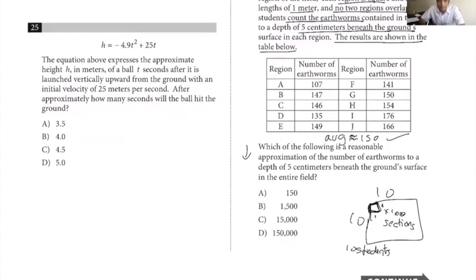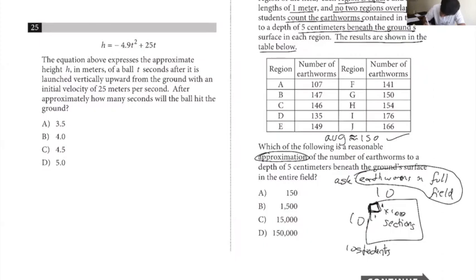Right. It says, which of the following is a reasonable approximation of the number of earthworms to a depth of 5 centimeters beneath the ground's surface. So essentially what I took from that is it wants a guess of the total number of earthworms in the entire field. So the ask is earthworms in the entire field, right?